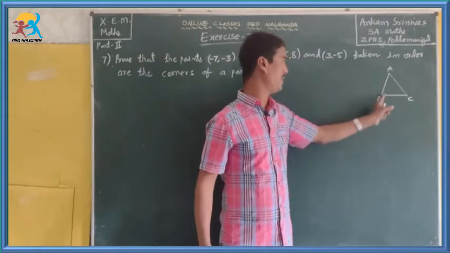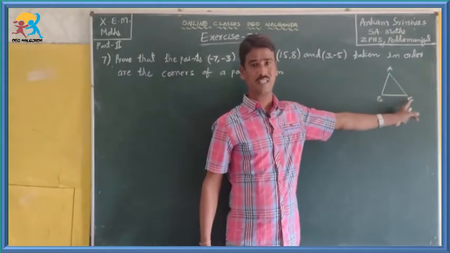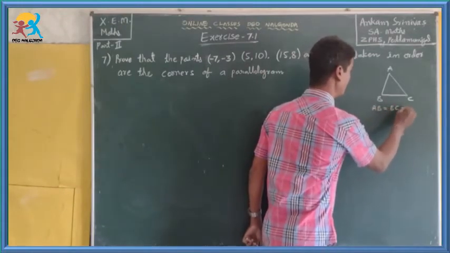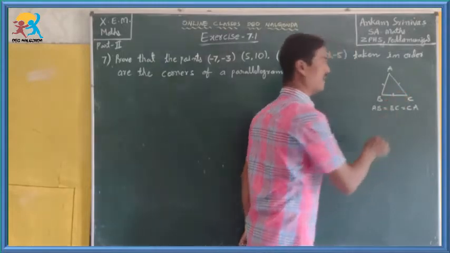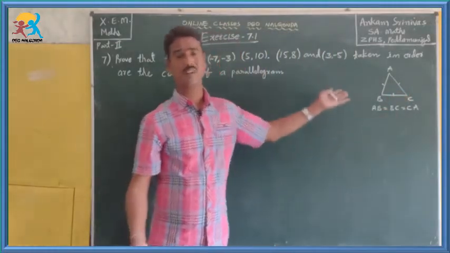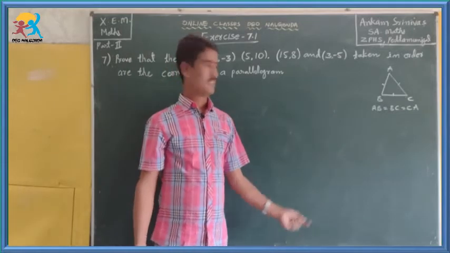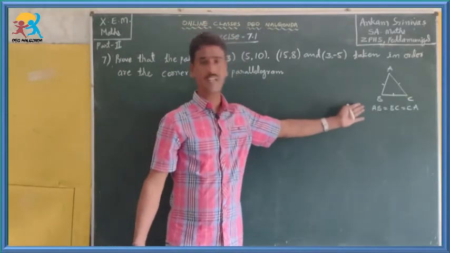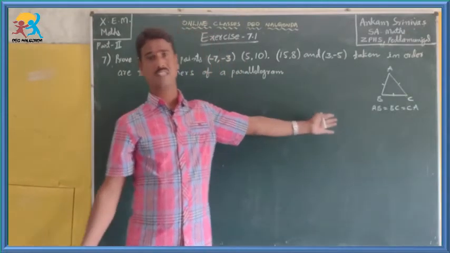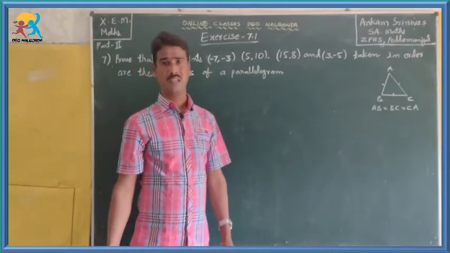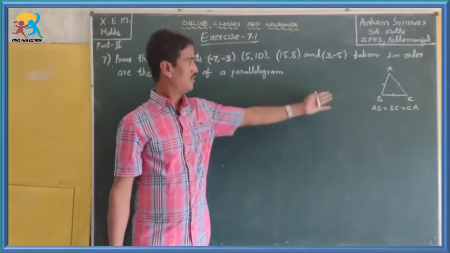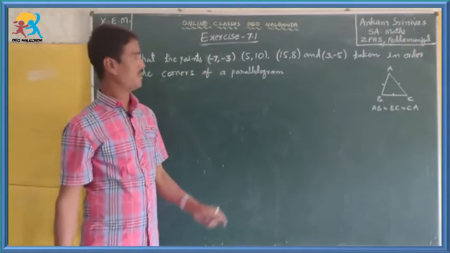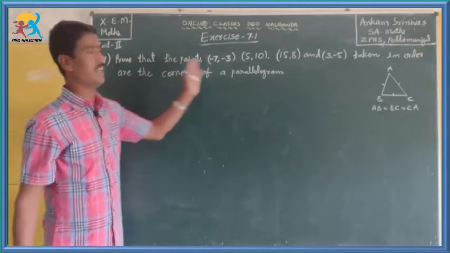If we get three lengths equal, we can prove that the given vertices form an equilateral triangle. So if you get in the examination, prove that the given vertices are an equilateral triangle, follow this method, you can do it easily.